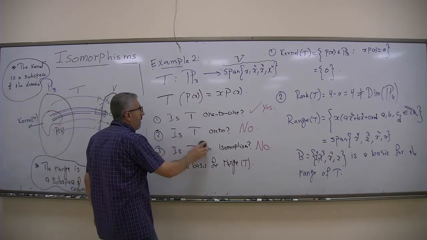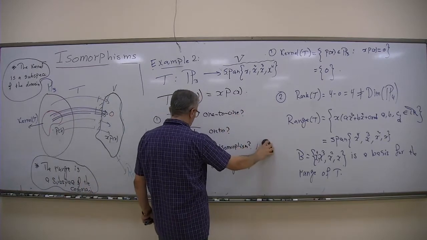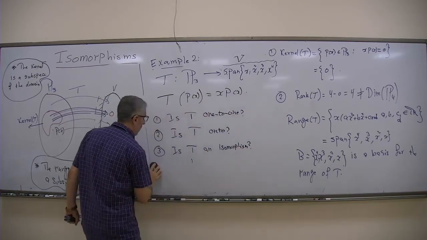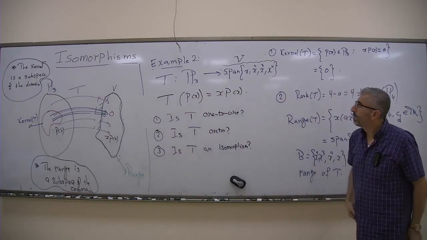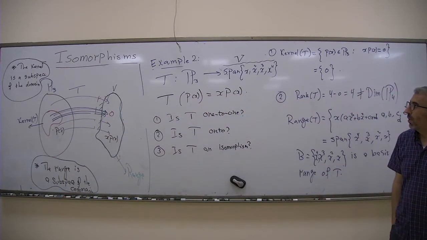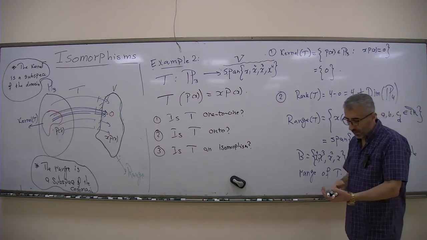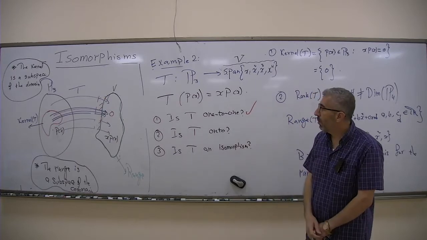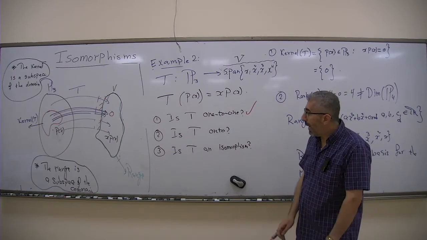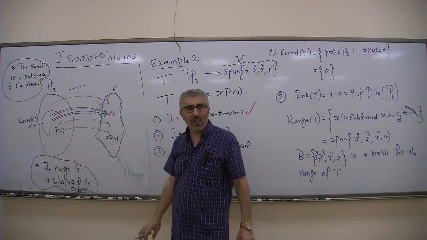Is T 1 to 1? Is T onto? The same questions here. Is T an isomorphism? Well, 1 to 1, obviously, it is the same thing here. It's 1 to 1. Is it onto? Well, we removed the problematic part here, correct?